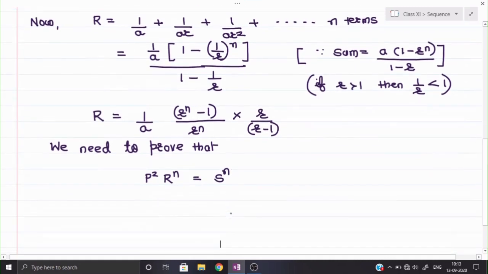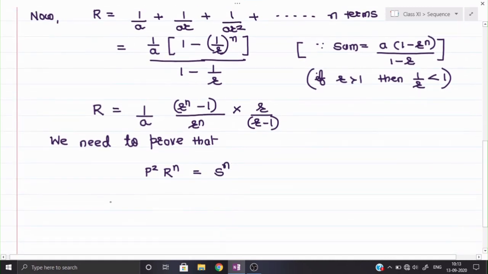Okay, a little bit we shall modify our requirement. R to the power n I am sending to that side. So P square will be equal to S to the power n upon R to the power n. That we can say, or P square will be equal to, if I take the power n common, S upon R whole power n.